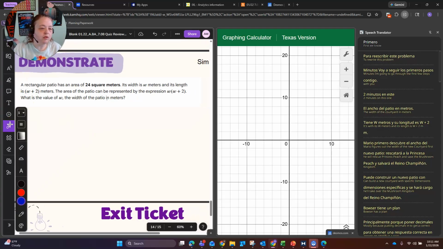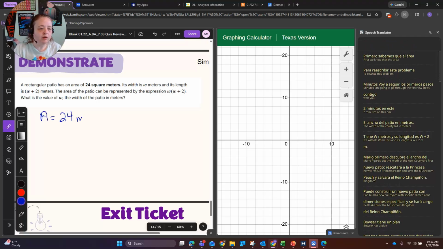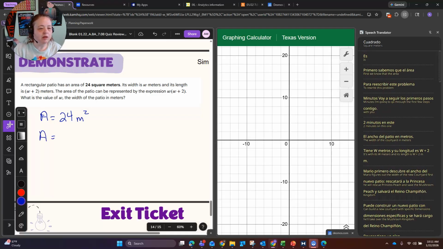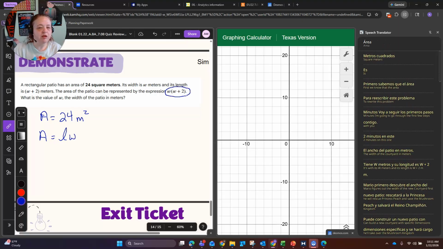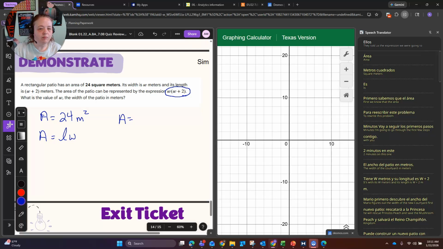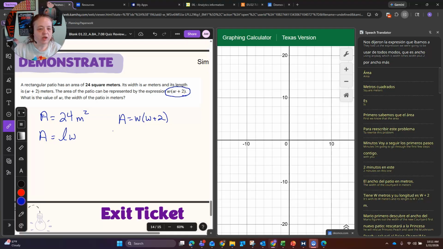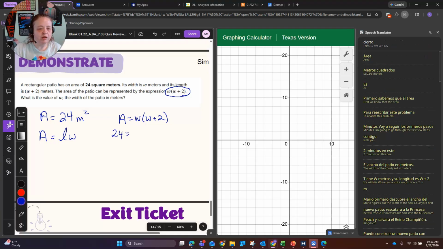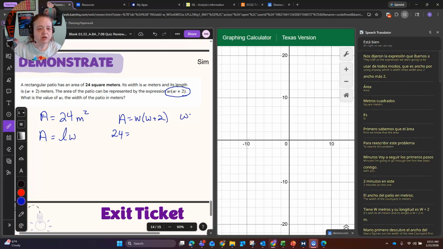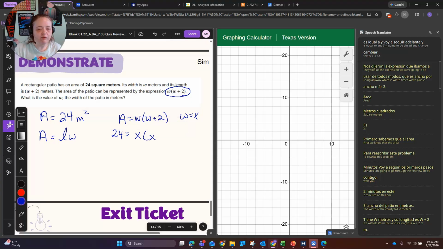First, we know that the area is 24 square meters. Area is length times width, and they told us the expression we were going to be using anyway, which is width times width plus 2. So we can say 24 is equal to that, and I'm going to go ahead and change the W's to X's just so it's easier to graph.